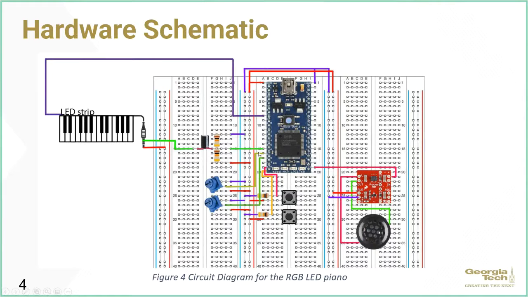The rectified signal goes to the Mbed, and that's being processed in the Mbed. After calculating what frequency it is, that output is mapped to an LED on a strip somewhere on a key. So if we press this, there should be an LED that will light up this whole key.